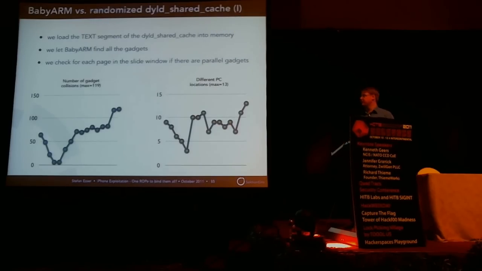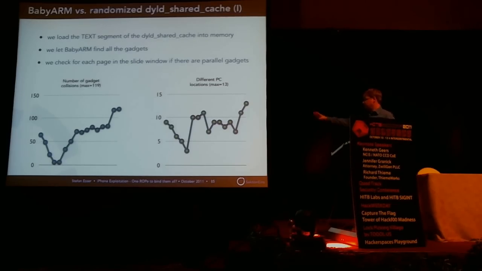So when you try the same thing for the shared cache, which is like 103 megabytes of data, and only shifted by 17 megabytes, you have a moving window of 17 megabytes that you have to check. And I created these gadgets for the moving window. And you can see on the left side, these are the number of gadget collisions it finds.